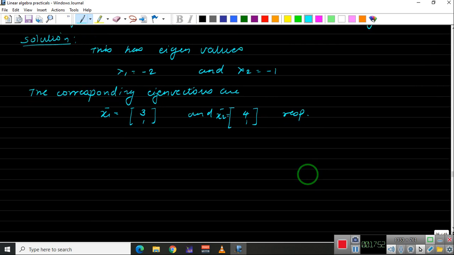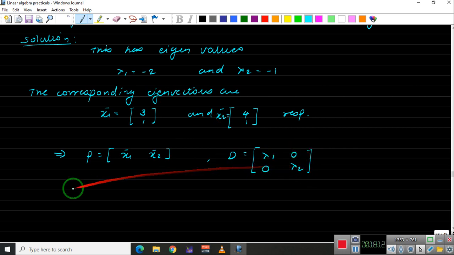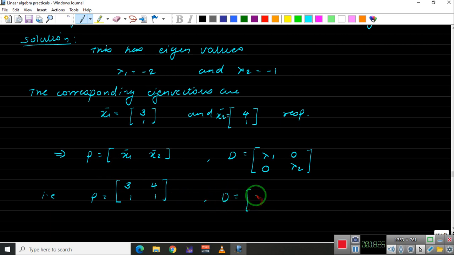So, using the remark, this implies the matrix P will be a matrix with x1 bar and x2 bar, and the diagonal matrix D will be lambda 1, 0, 0, lambda 2. That is, our matrix P will be equal to x1 is 3 1, x2 is 4 1, and matrix D, which is the diagonal matrix, is minus 2, 0, 0, and this will be minus 1.